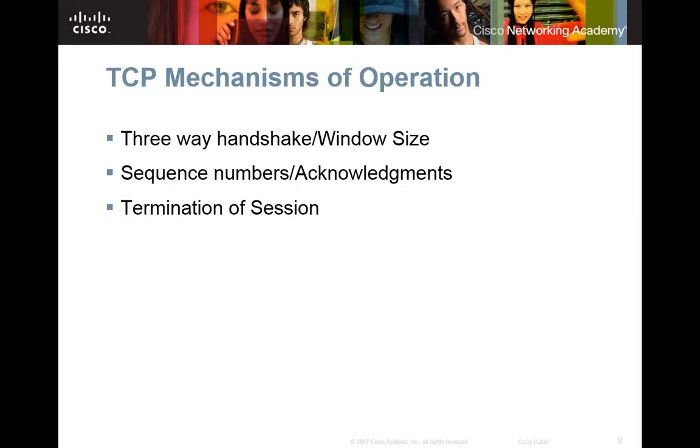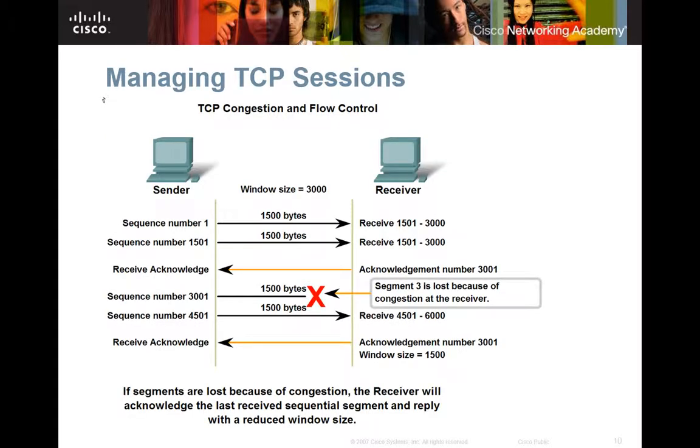And for TCP mechanisms, we have a 3-way authentication handshake. We send sequence numbers and acknowledgements, and then we terminate our session. So what I'm going to do is I'm going to send 1,500 bytes. So it says it receives 1,501 to 3,000. It should be 1 to 1500.